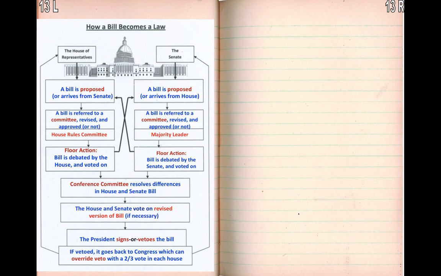You will get a notebook grade, just like you normally would if we were meeting in person or doing this online seminar. And then you will also take a quiz over pages 13L through 18R to, again, enforce the importance of taking these notes and these concepts.